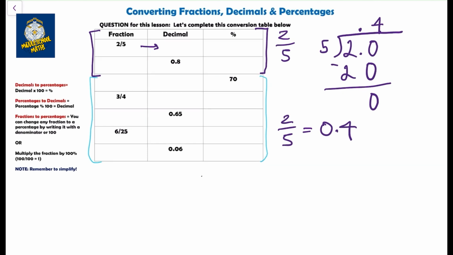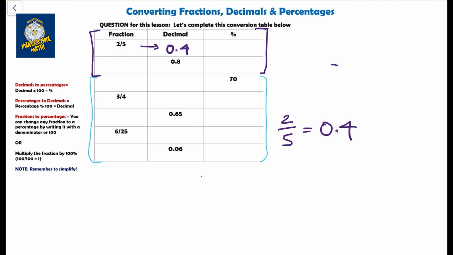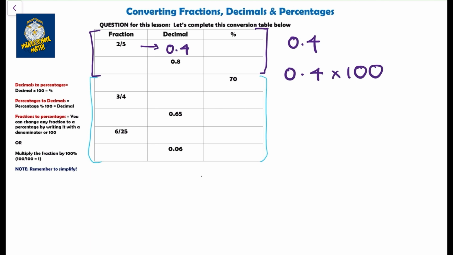Now we can add in the percent to our table, and now we will convert this decimal 0.4 into a percentage. So for percentages, we have to multiply by 100. So 0.4 times 100 means that we can just move the decimal place twice to the right.